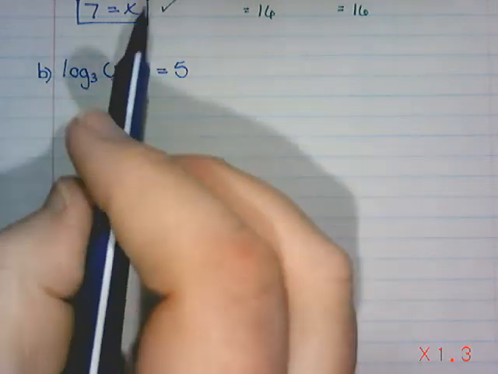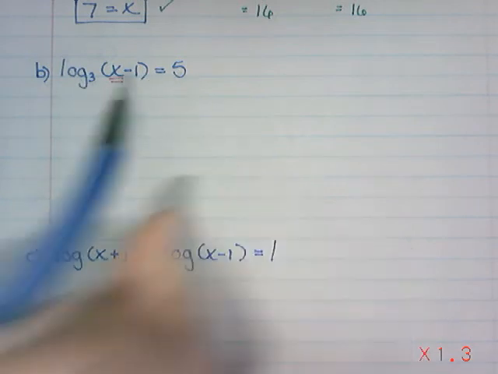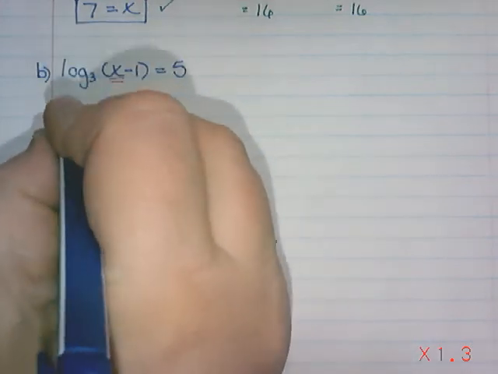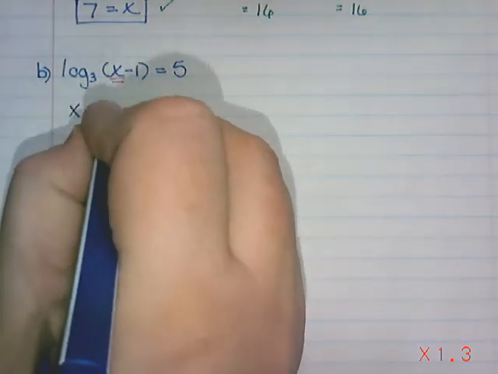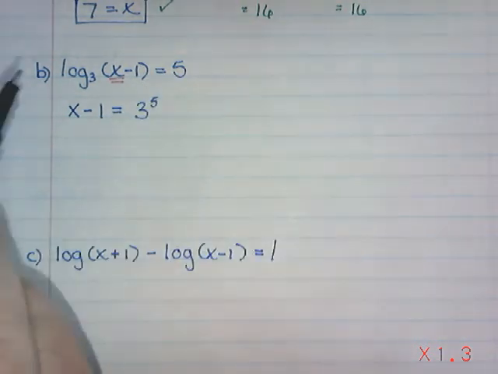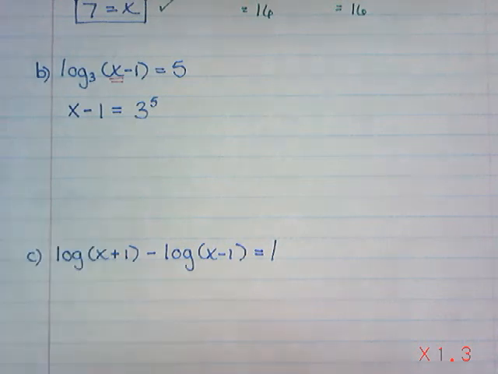So what you can do is bring that log base 3 to the other side by doing 3 to the power of 5. So this would equal x minus 1 equals 3 to the power of 5. So the inverse of a log base 3 is an exponent with a base of 3.